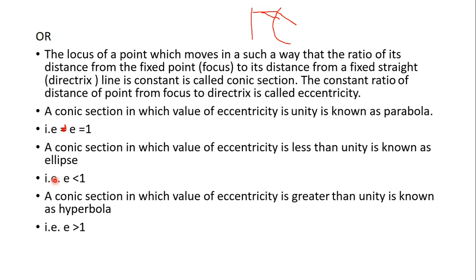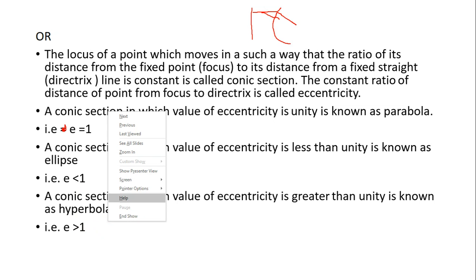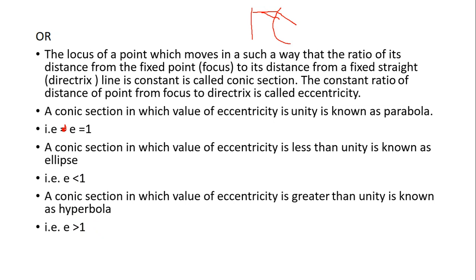this will create confusion to the students during examination, because they have to prepare many things, and they may forget whether eccentricity value is bigger than 1 for hyperbola or lesser than 1 for hyperbola. They may be confused, and sometimes they may write wrong also. For ellipse they may write bigger, and for hyperbola they may write smaller. To not be confused, what can be done is that here we can use the prefix hyper. So hyper meaning is excessive, just like hypertension means high blood pressure.